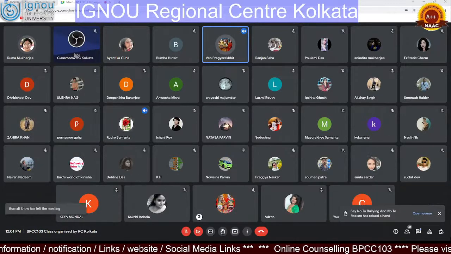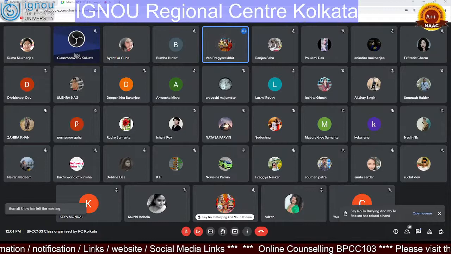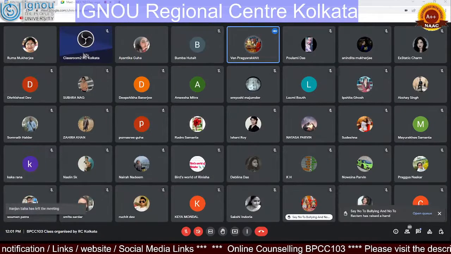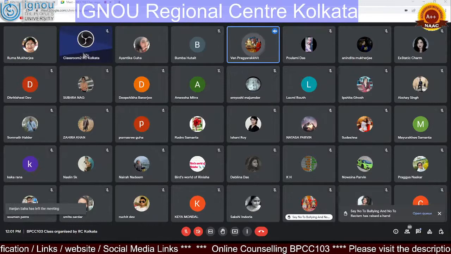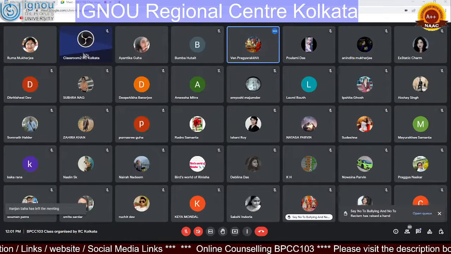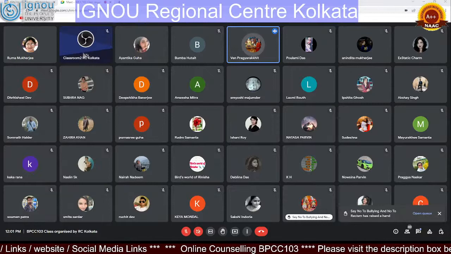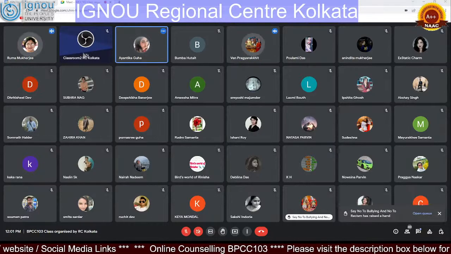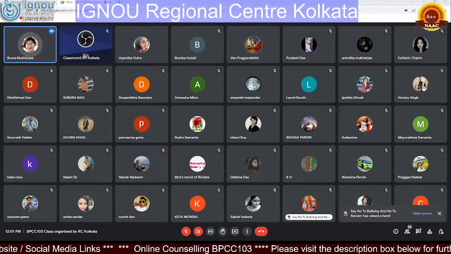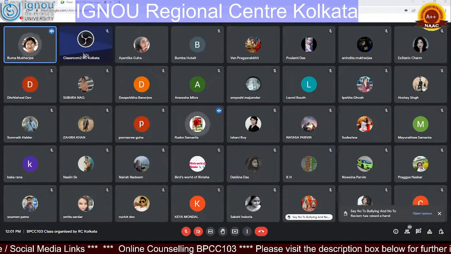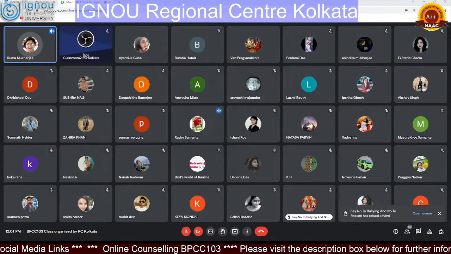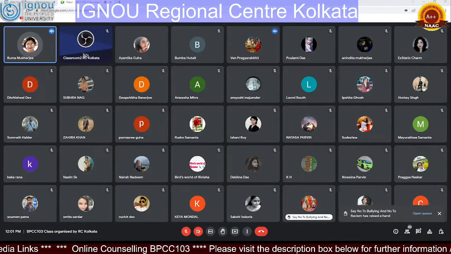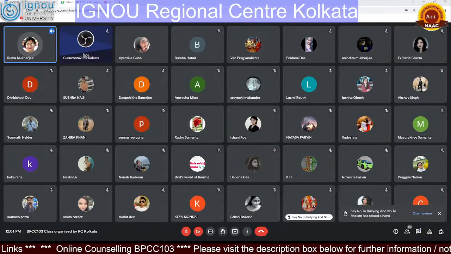I didn't get the information previously because I got a new admission over here, and sorry to say, but the IGNOU website is not totally user friendly. There are many discrepancies over there. So one thing you can do to solve this is take the phone numbers or WhatsApp numbers from your peers and join the group so that you can get the information.